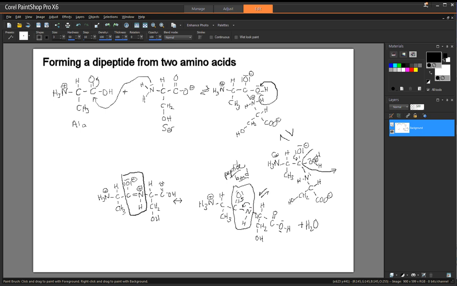The bonds neighboring it between the alpha carbon here and the nitrogen, that's rotatable, and between the alpha carbon of the alanine group and its carbonyl carbon, that's rotatable. But the actual peptide bond here, that one right here, because of that double bond character, is not rotatable. Okay, so that's the formation of peptide bonds, condensation reactions between the amino group of one amino acid and the carboxylic acid of a second amino acid.